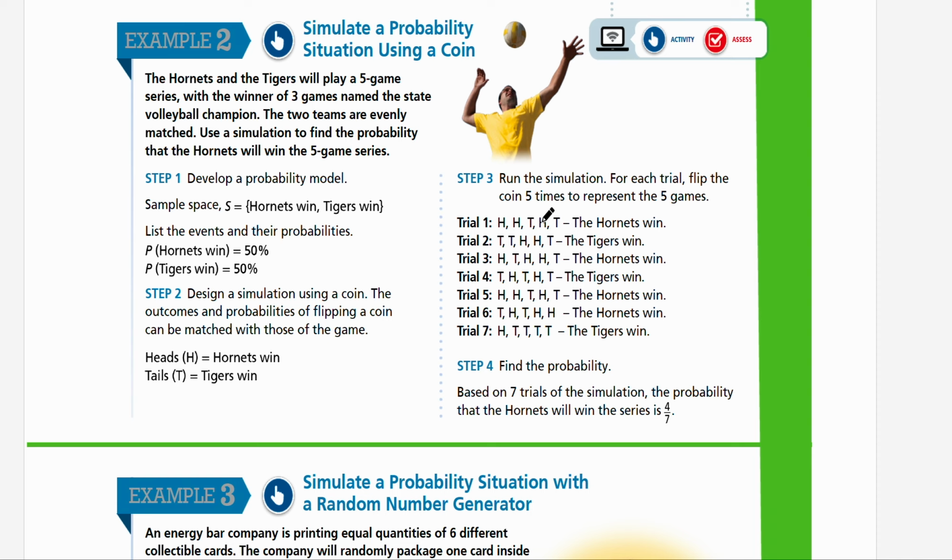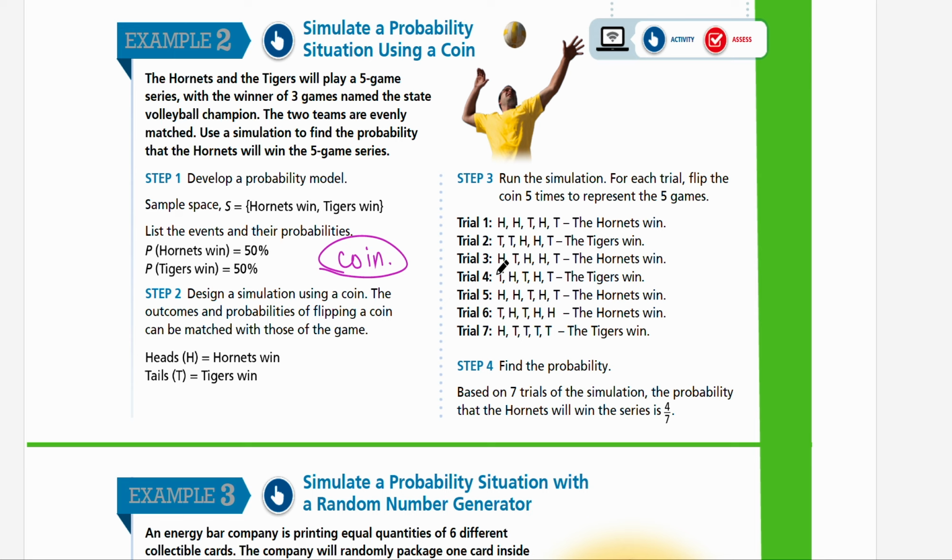Because the probability model, the sample space, would be whether the Hornets win or the Tigers win, right? So we can list the events and probabilities using that. The probability that the Hornets win would be 50%. The probability that the Tigers win would also be 50%. So if it's 50-50, we can use a coin. A coin is a great example for that.